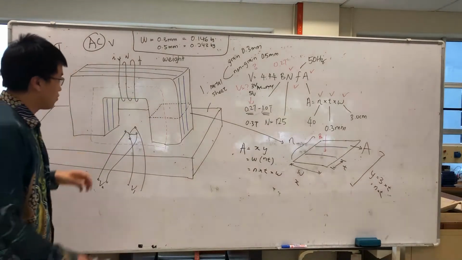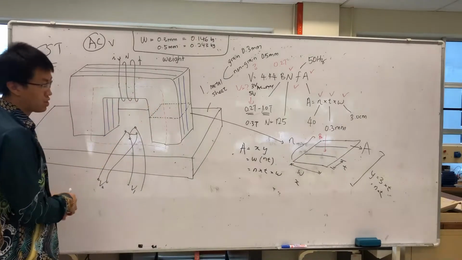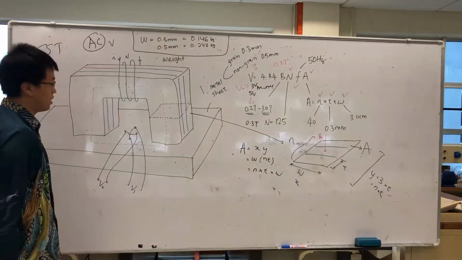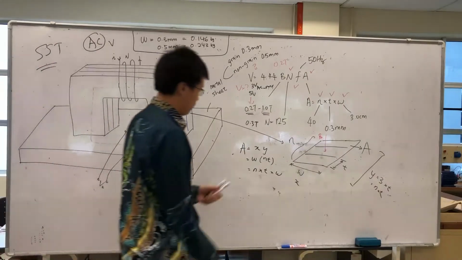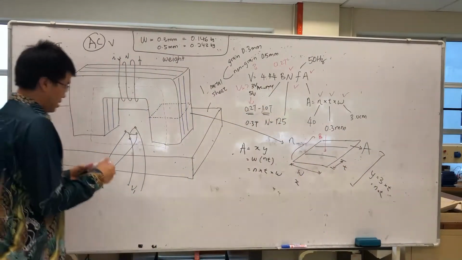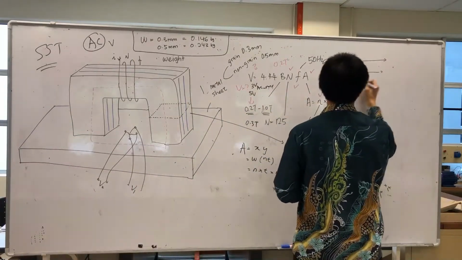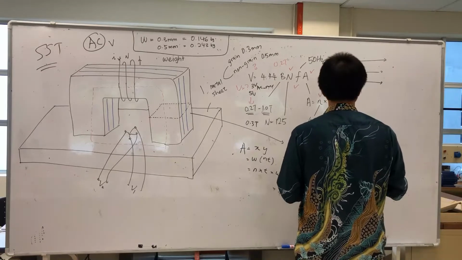Okay, now, after we have injected the fluxes, we need to measure V1 and V2. As we know, when there are fluxes, for example the fluxes going this way, and I have a conductor.